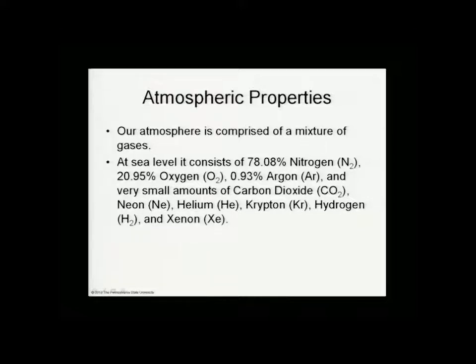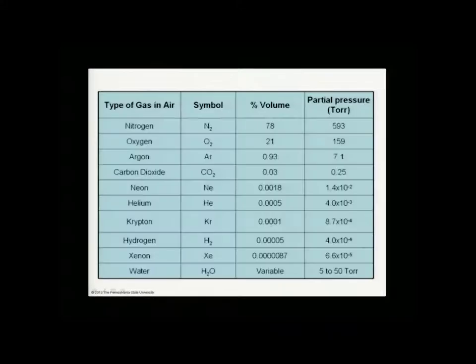These are the things that are found commonly in our atmosphere. Unfortunately, also found in our atmosphere are things like carbon monoxide and some other man-made gases that can cause pollution problems. But here is what should be in a standard natural atmospheric situation.